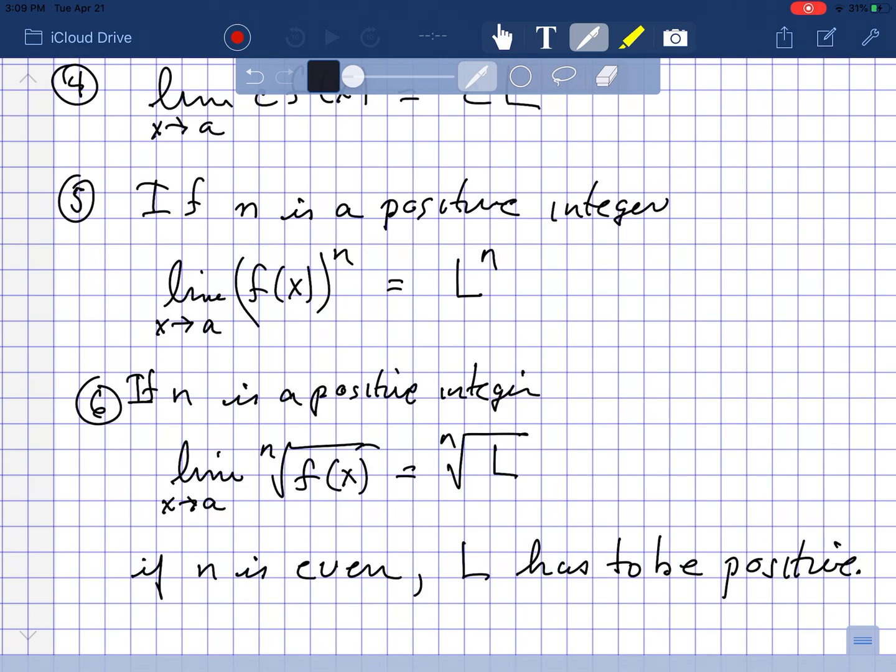Because I can't take, for instance, the square root of a negative number, okay? So that's why if n is even, in order for this to make sense, L has to be positive. Okay?